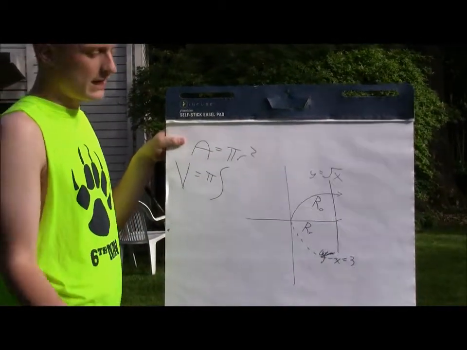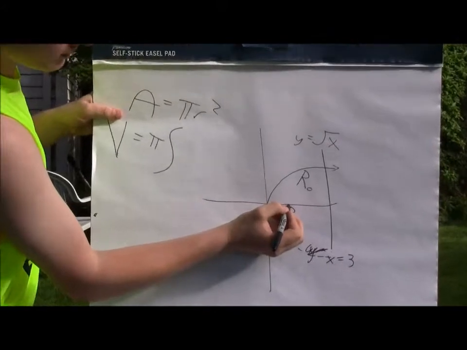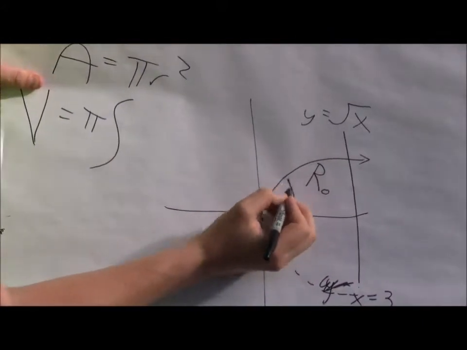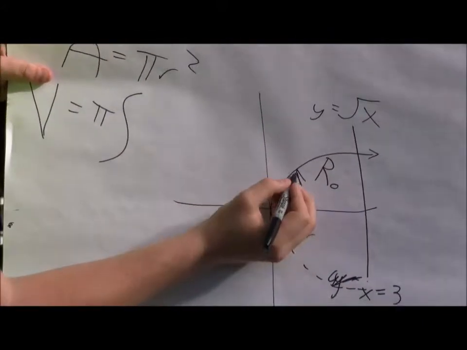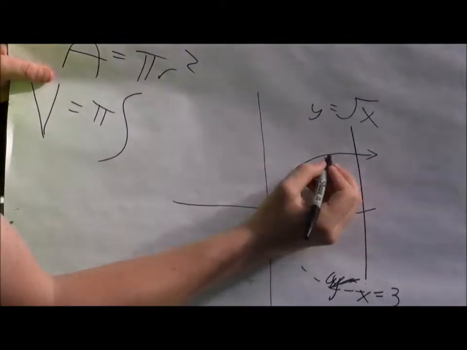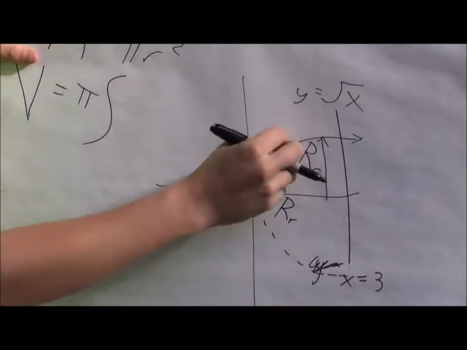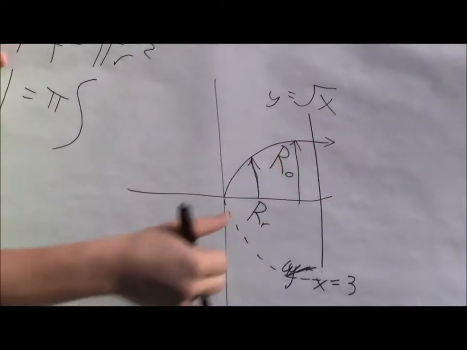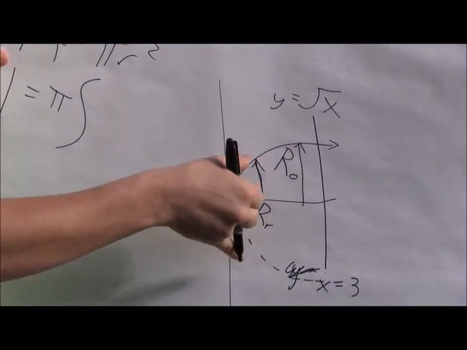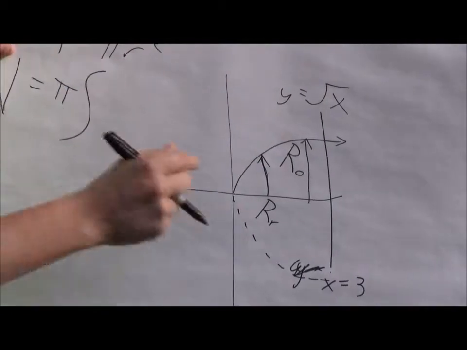Fortunately here, it's pretty easy. You're just adding up a bunch of circles and all their radii are like that. There might be one here, and there might be one here, and these both represent really, really skinny little circles, actually infinitely skinny circles, that are just added up, and eventually they make this region.